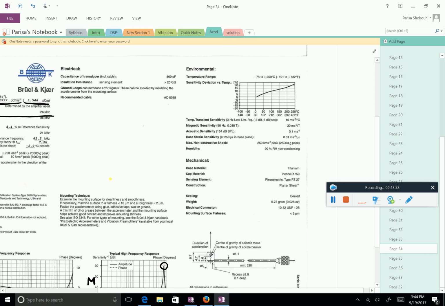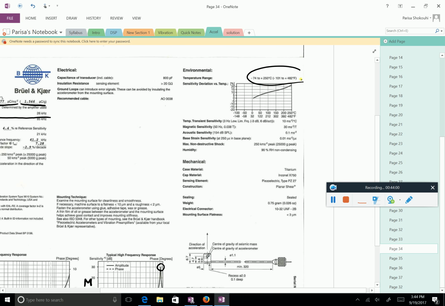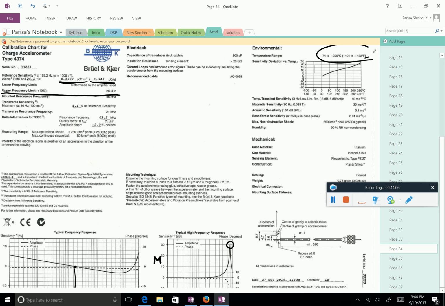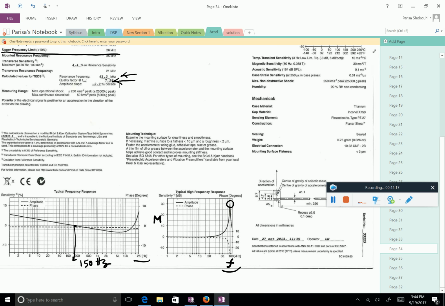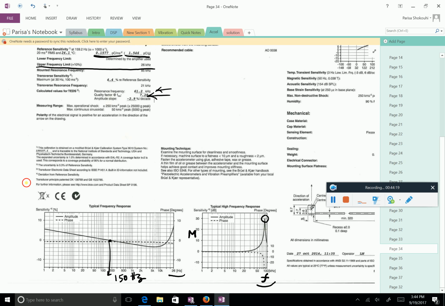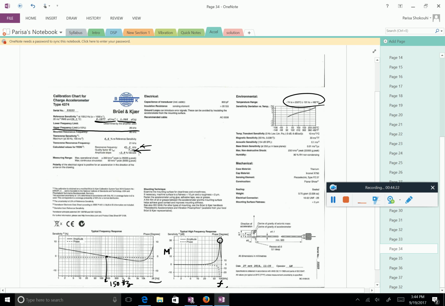Here you also see in a specification sheet the temperatures in which you can operate an accelerometer. You see the quality factor, remember the Q factor, and the resonance frequency of the accelerometer. Every accelerometer comes with a calibration chart like that. You can always look at it, set up your equipment based on what you see here, and decide what you can use it for. Okay?